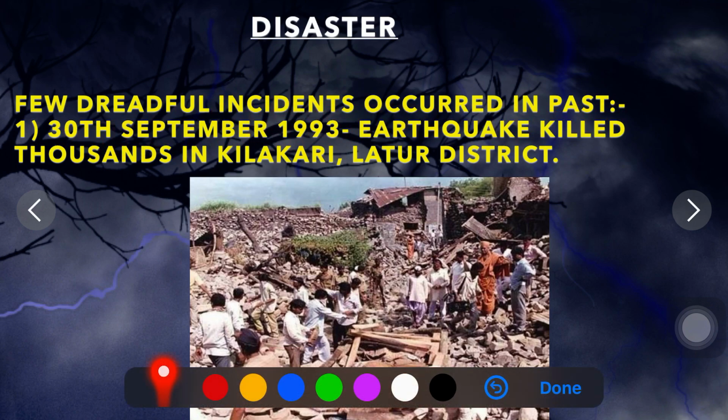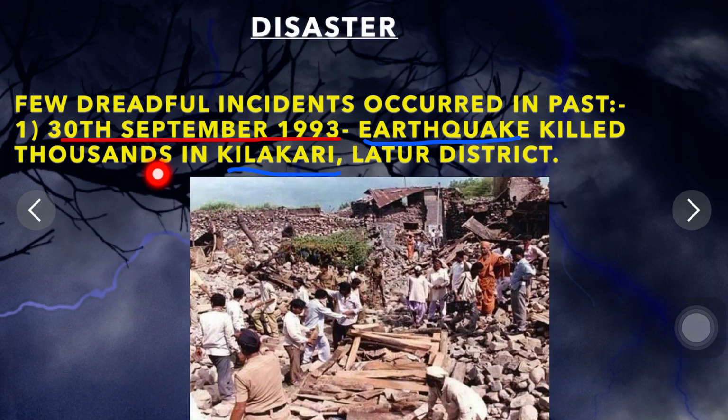On 30th September 1993, there was an earthquake in Killari, that is in Latur district, because of which thousands of people were killed, as you can see in the given image.